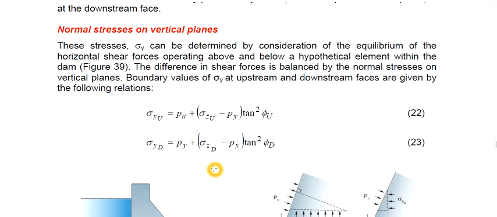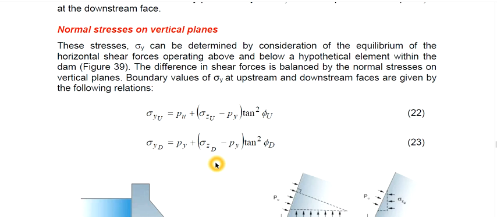Welcome back. We were discussing in lecture 14 normal stresses on vertical planes. Normal stresses on vertical planes can be determined by considering the equilibrium of horizontal shear forces above or below a hypothetical element within the body of a dam.